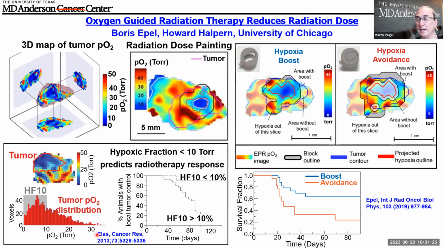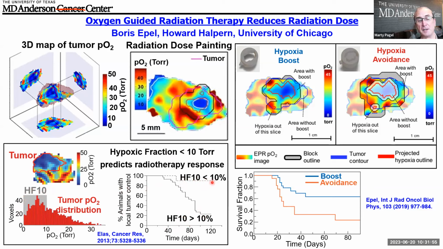This is work with Martina Ellis back in the day in 2013 with Dr. Halpern, where they measured a substantial fraction of this tumor had PO2 less than 10 torr. And sure enough, those tumors, I'm sorry, those that had a high hypoxic fraction, less than 10 torr, do not survive very well.